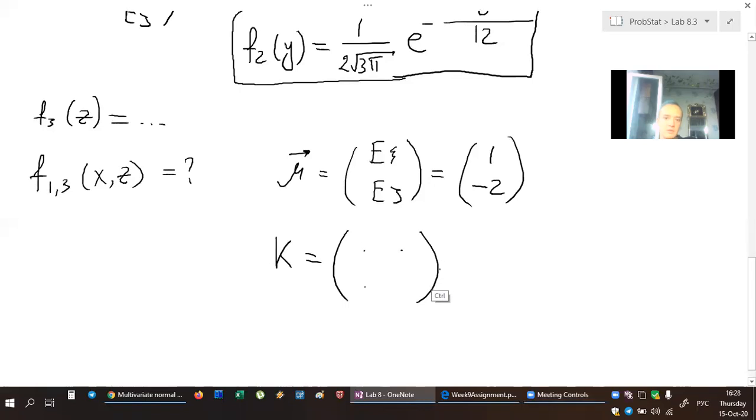Well, let me write it in more detail. So this is variance xi. Here we have covariance xi zeta. Here we have covariance xi zeta.